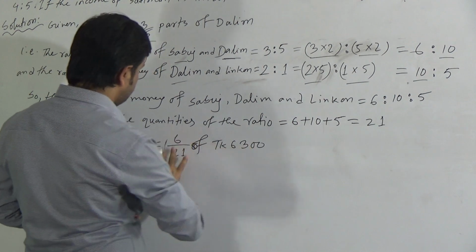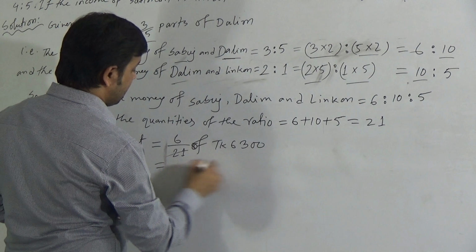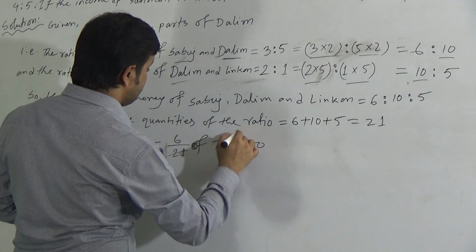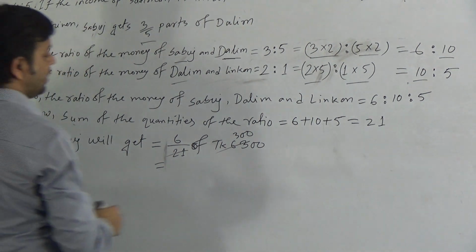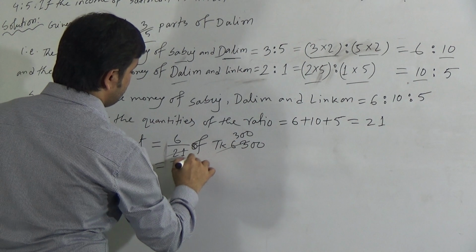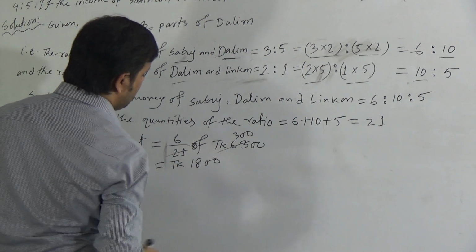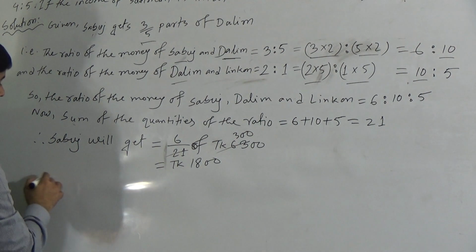Now if we calculate here, what will we get? We can cut this by 21, we will get 300. Now if we multiply, 6 3s are 18, Taka 1800.